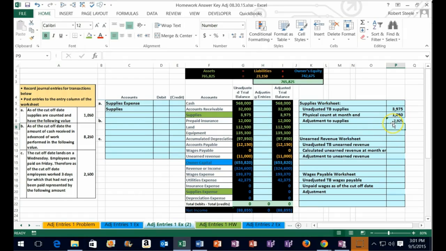So 2925 is what this needs to go down by in order to bring us to the physical count of 1050. That will be our journal entry over here. The journal entry should be 2925, both a debit and a credit, and that should bring this down to the physical count of 1050.